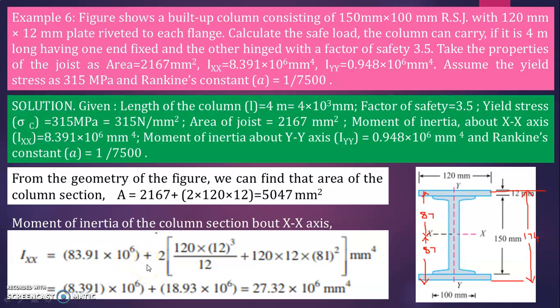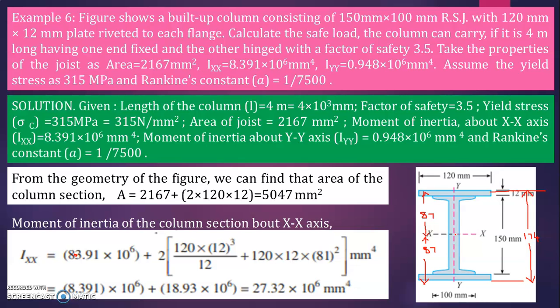It is written here as 83.91 by mistake, it is 8.391 only. That is Ixx of this built-up column. Now you have to calculate Ixx of the plates. We can see here this is like a T section, this flange and this comes here, and all of you know now how to calculate Ixx for a T section.